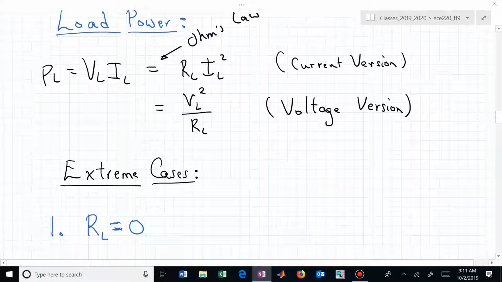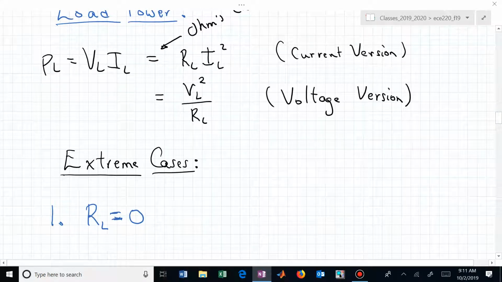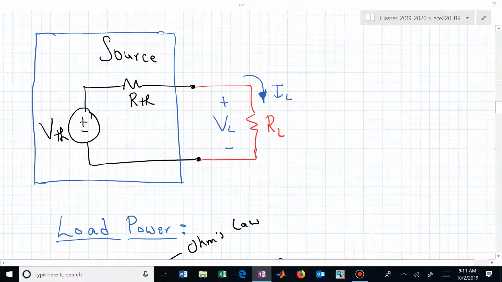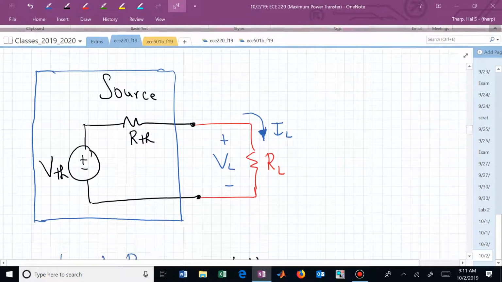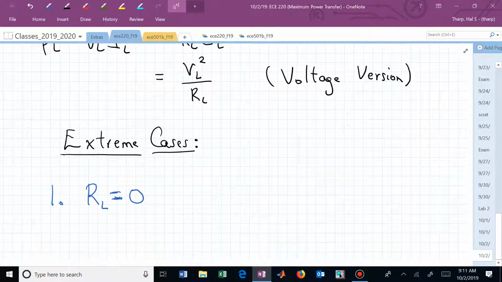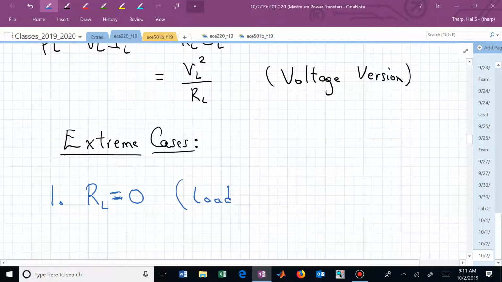Let's look at some extreme cases. Suppose R sub L in this scenario, we set it equal to 0. What does that do for us? Or how do we maybe refer to that?